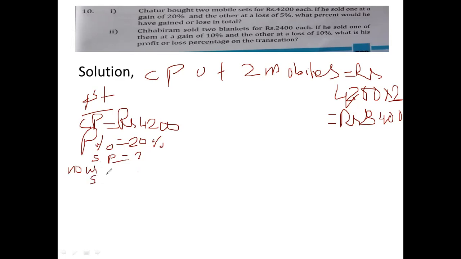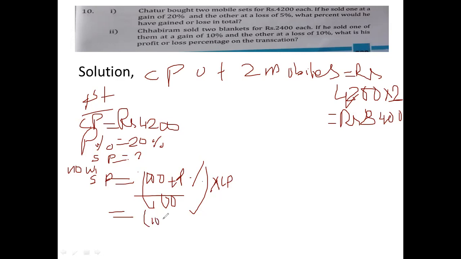SP equals (100 plus P%) by 100 into CP. Put 100 plus profit percent 20, by 100, into CP 4,200.